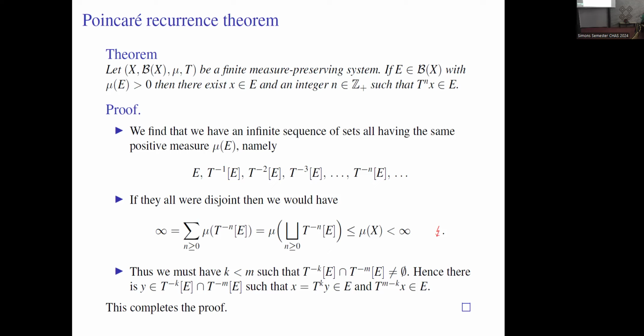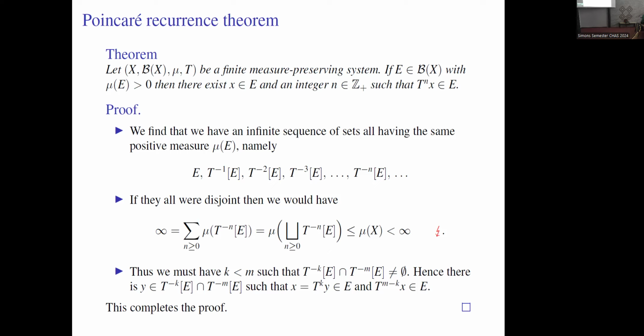In its simplest form, it says that in every finite measure preserving system, if we have a set E with positive measure, then there exist x in E and an integer n such that T^n x returns to E. To see how this works, we can observe that we have an infinite sequence of sets, T^{-n}E, all of positive measure, and in fact the measure of each element of this sequence is the measure of E, because T is measure preserving.